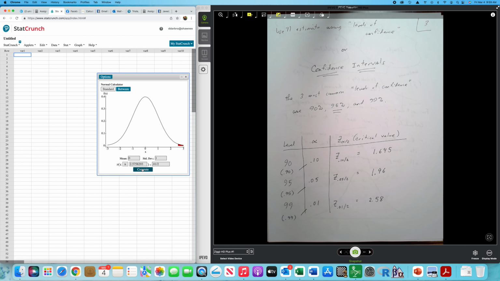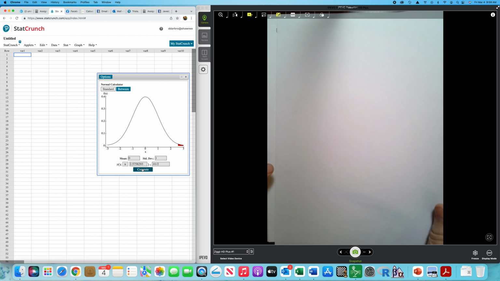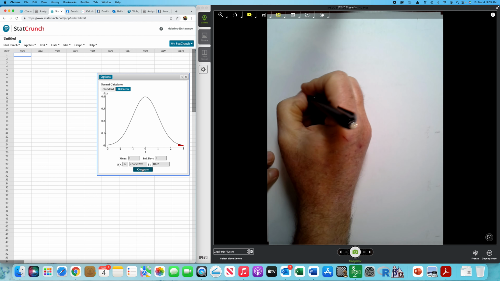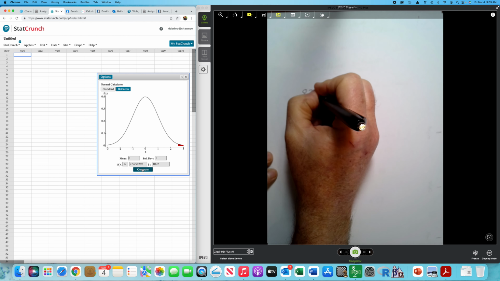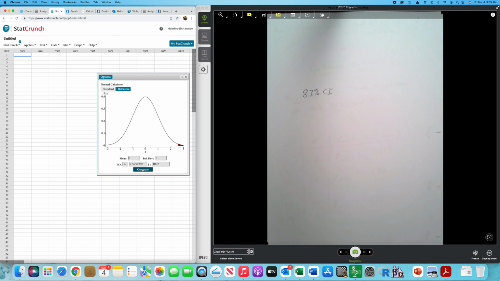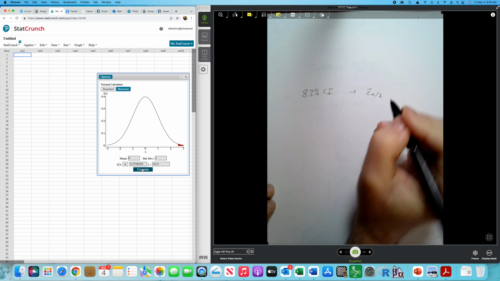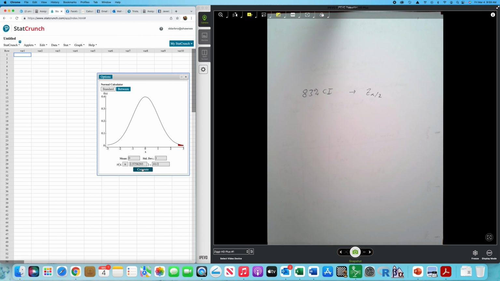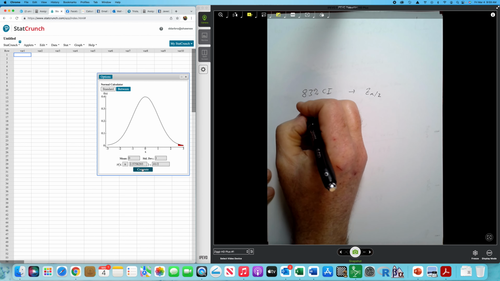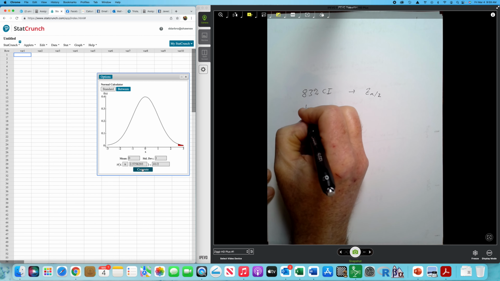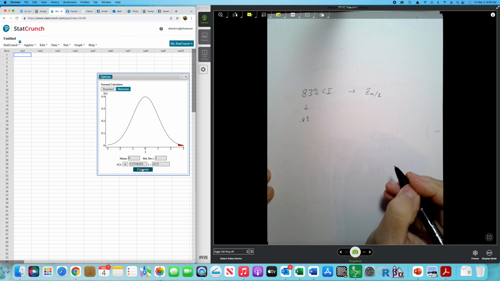Now, let's just bring in something. What if we wanted an 83% confidence interval, and we want to calculate z alpha over 2? What would we do? Convert to a decimal, right?